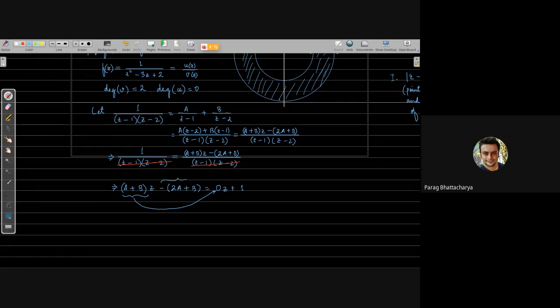So this gives us two equations. The two equations are A plus B equals 0. This is one equation. There are two unknowns, so to solve two unknowns we need two equations, and the other one is that twice A plus B is equal to, there's a minus sign, we'll take the minus sign here, minus 1.